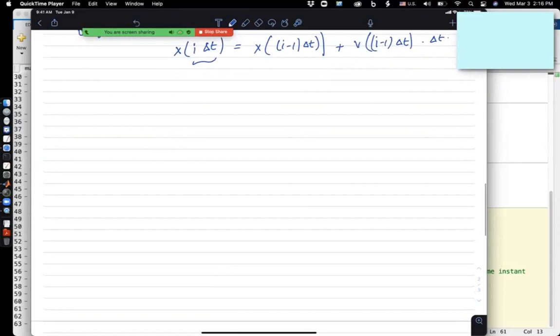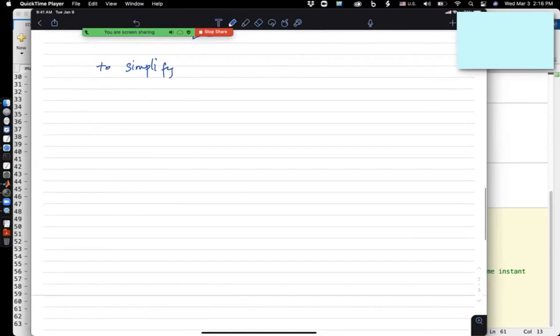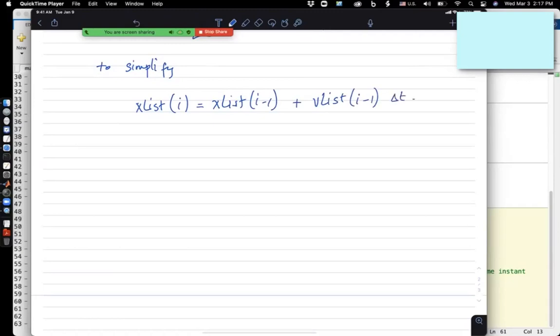Sometimes people, to simplify, might say something like x list of i equals x list of i minus 1 plus v, let's say v is being computed as a list as well, times delta t, okay?